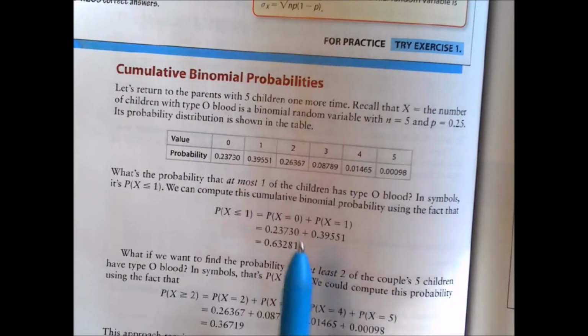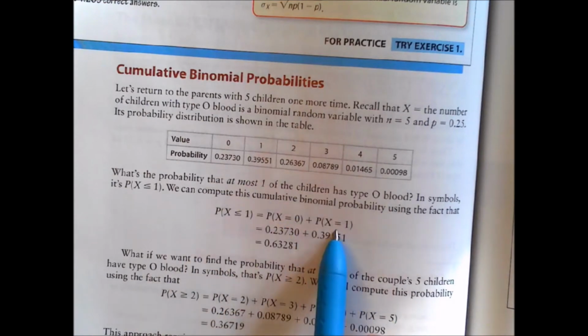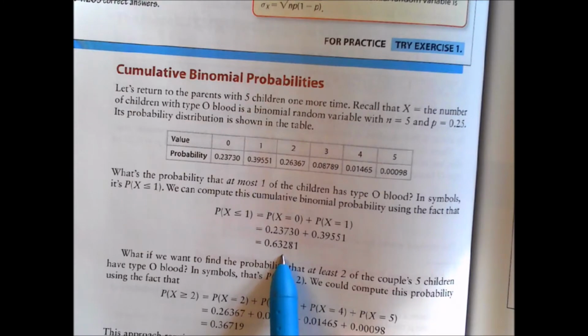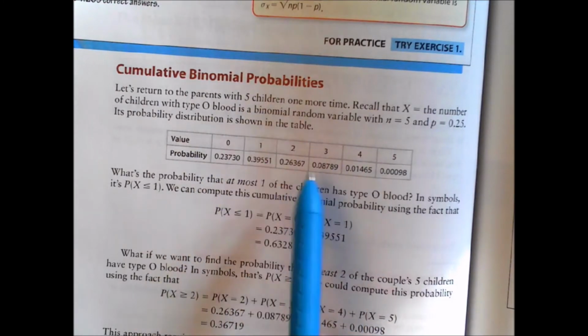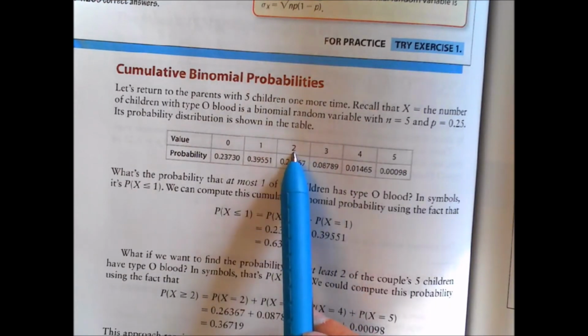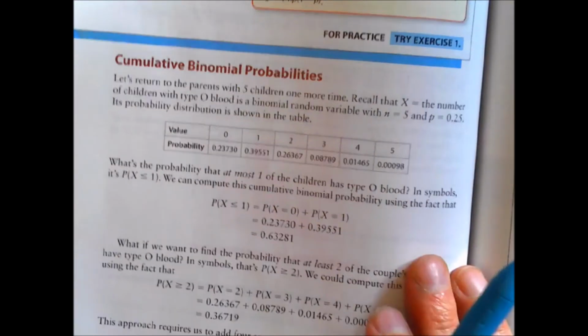There are 2 different ways you could find that. One, you could just add the probability of 0 plus the probability of 1 together. Or the other way: at least 2 would be the rest, so you could find these, and then 1 minus these would give you those as well. So 2 different ways to do that.